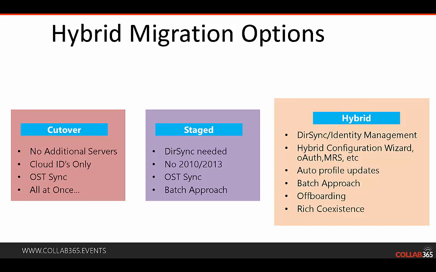Directory synchronization, identity management will synchronize the directory. And then with hybrid configuration, OAuth and MRS proxy will be used to migrate. OAuth is used for authentication. Then automatic profile updates will be done. It will be a batch approach. Then offboarding, and rich coexistence is possible, which means that you can live forever in coexistence.